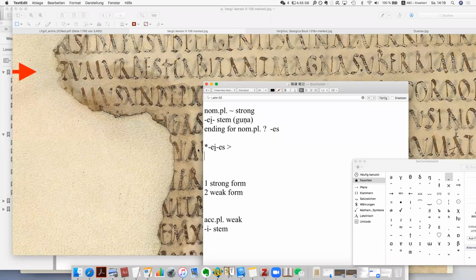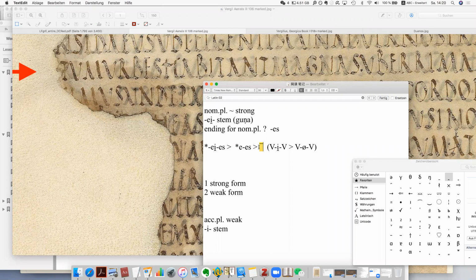I'll write it here. So y turns to, okay, and then we have s, right? And then of course it goes to a s.